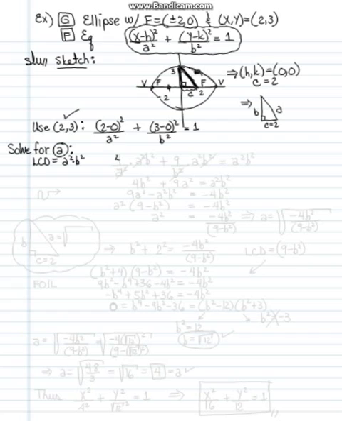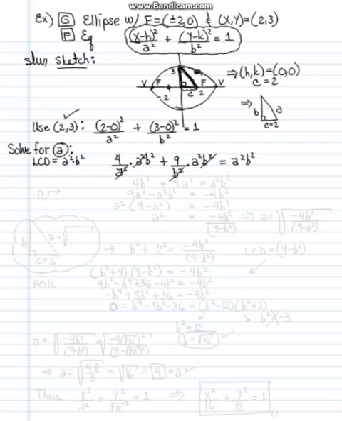Alright, so we get 4 over a squared times a squared b squared. The a squareds cancel. Plus 3 squared is 9 over b squared times the LCD a squared b squared. So now the b squareds cancel. Equals 1 times a squared b squared.